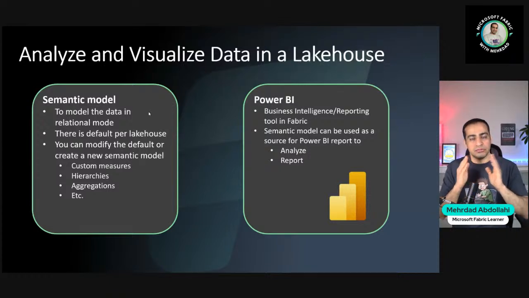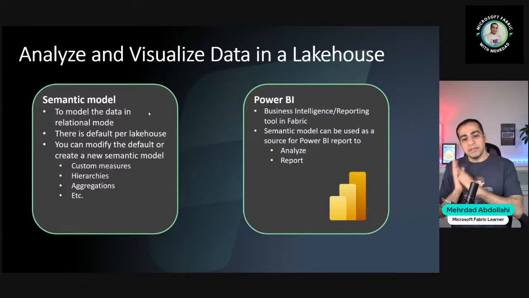Of course, you noticed that there is a default semantic model when we create a new lakehouse. However, that default one can be modified, or you can even create a new one for just adding custom measures, creating hierarchies there, and also aggregating the data in the other way that you need.